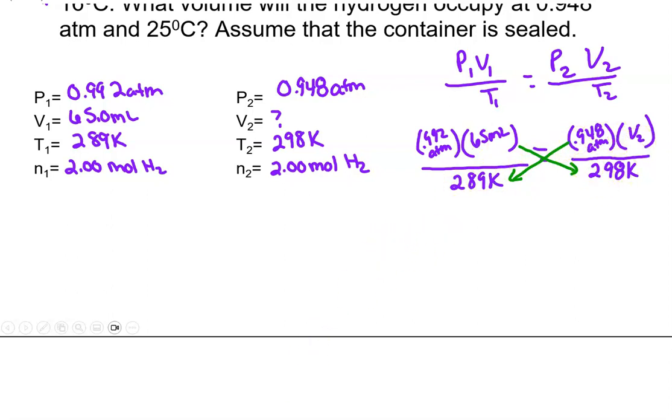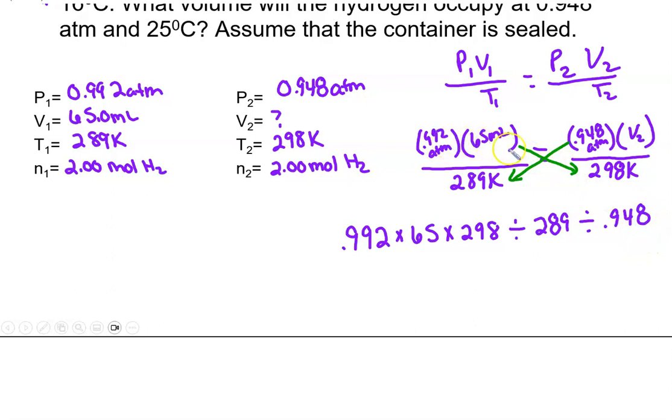So essentially what we would do in our calculator, just to make it easy, is 0.992, and we would multiply that by 65, we would multiply that by 298, and then you could tell your calculator divide by 289. This is going to be the ones with x, and then you would divide by 0.948.